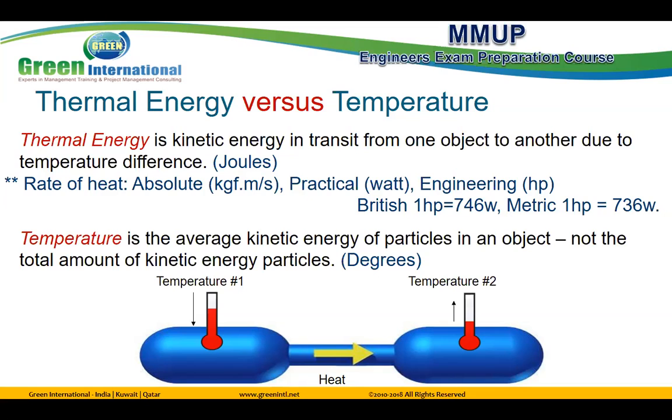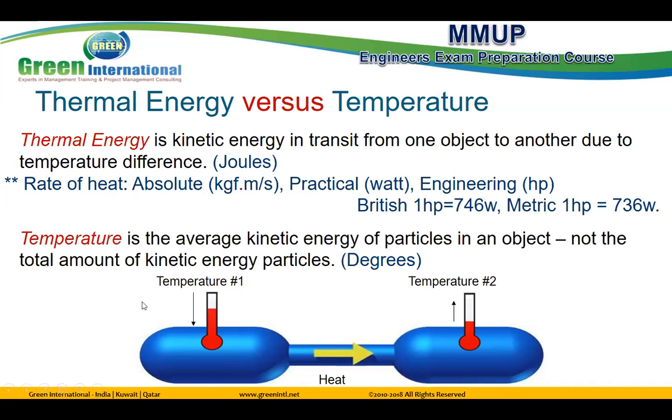Temperature is the average kinetic energy. Still, it refers to kinetic energy also, but this is the average kinetic energy of particles in an object. Not the total amount of kinetic energy of the particles, but the average.